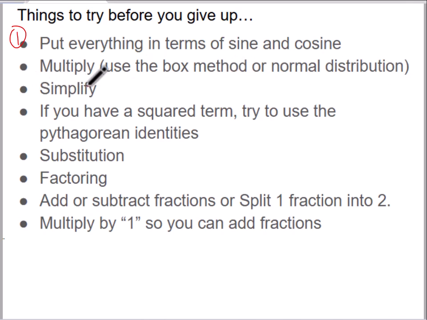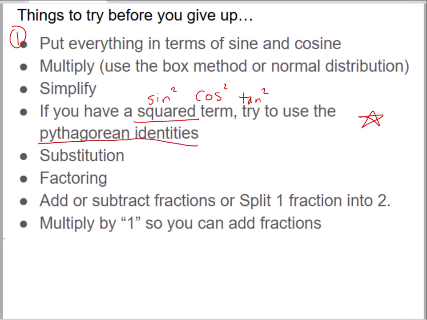Simplifying: if you have a fraction that's going to simplify, that's something great to try. This one is a big one. If you have a squared term, something that looks like sine squared, cosine squared, tangent squared, secant squared, or cosecant squared, you should look for your Pythagorean identities.